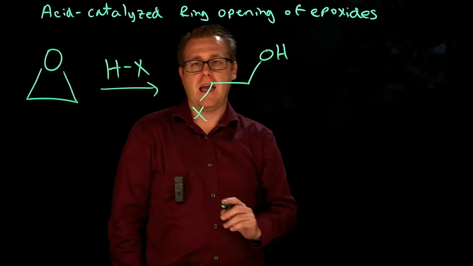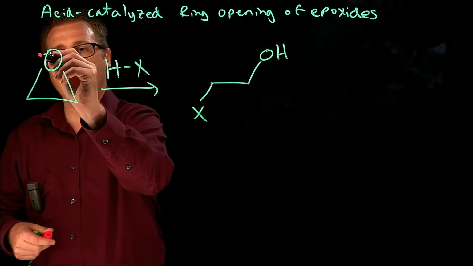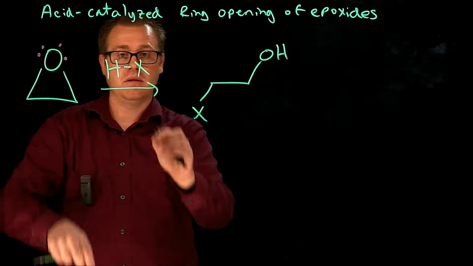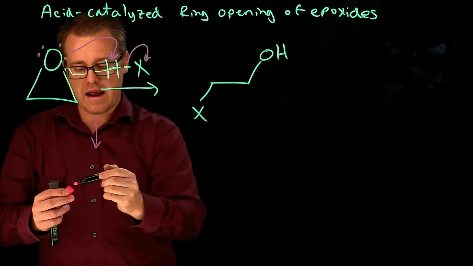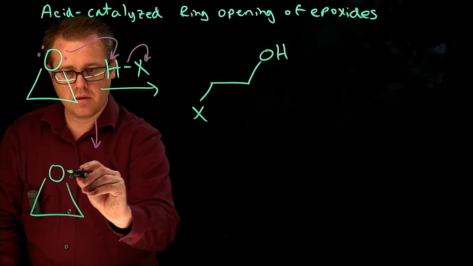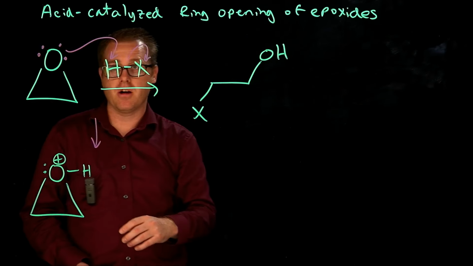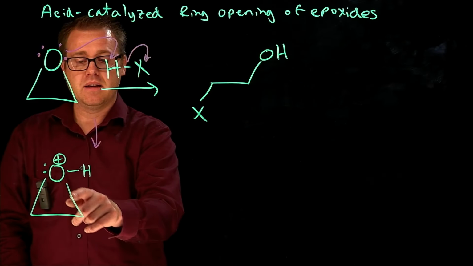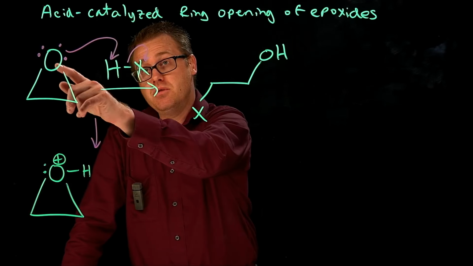And how it happens mechanistically is that we have an oxygen atom right here that has a lone pair. We have acid, so that lone pair is going to come in here and grab ourselves a proton. When it grabs that proton, it's now going to be a positively charged or protonated epoxide. And when it's protonated, it weakens this oxygen-carbon bond a little bit more than it was when it was neutral.